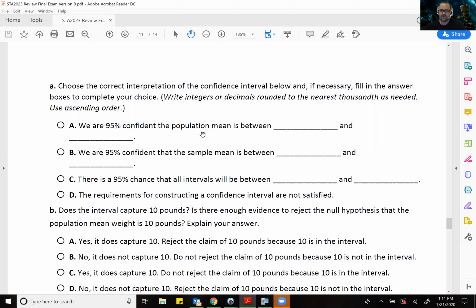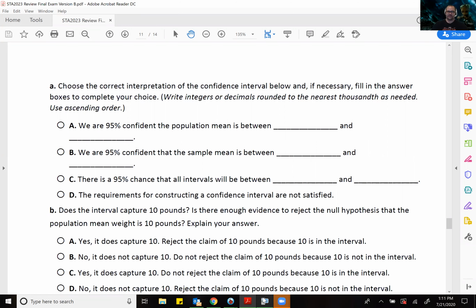And up here it says round to the nearest thousandth, so that's 3 decimal places. So we are 95% confident the population mean is between... thousandth, 3 decimal places.